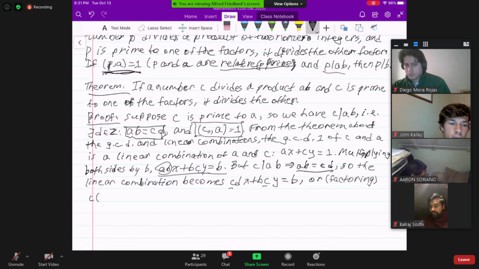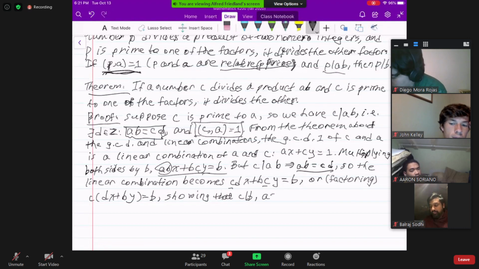We have C times (DX plus DY) equals B. And that's the definition of C dividing B. And you make some concluding comment. Okay, so this is really easy.